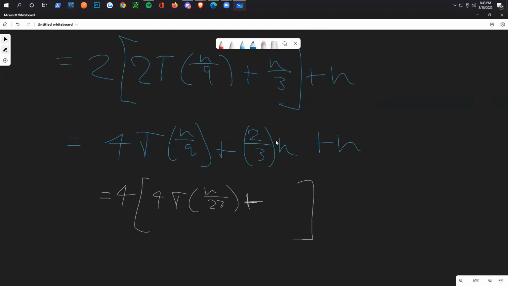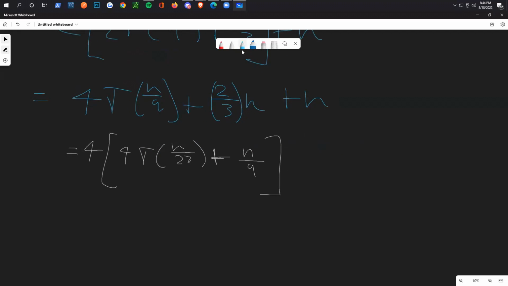So if we were dividing previously by 3, now we're going to divide by, like I said, 9. It's going to be n divided by 9. And now we're going to keep going with the summation. Just n. Distribute everything over.